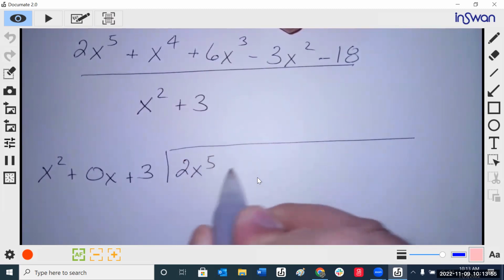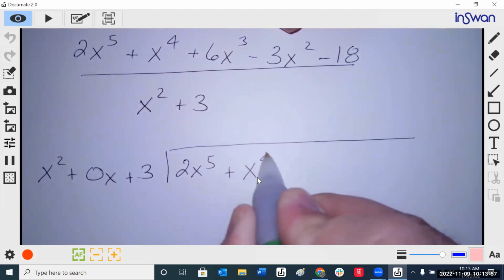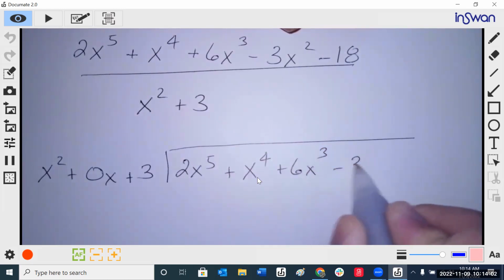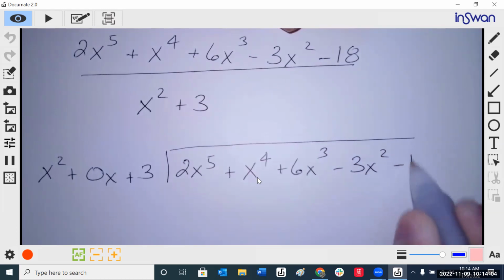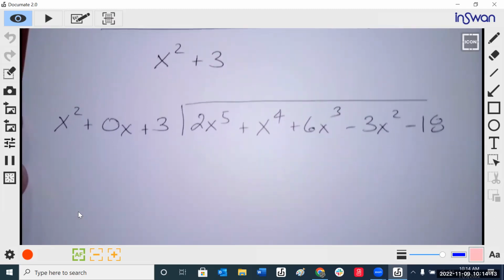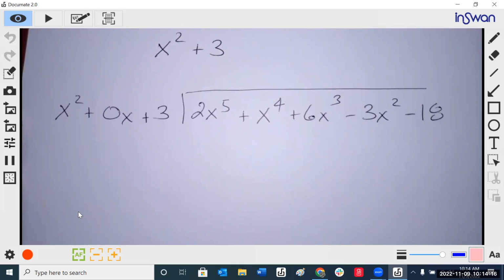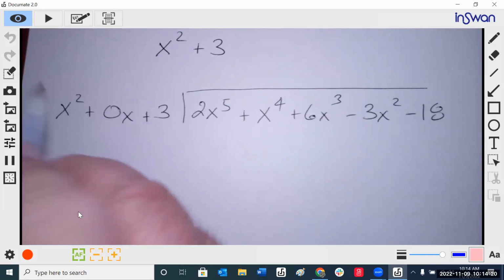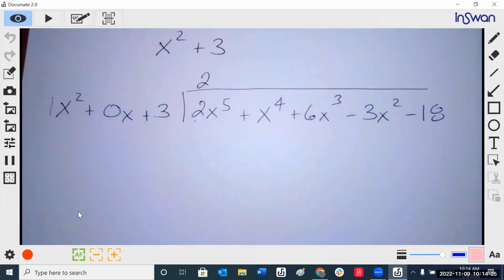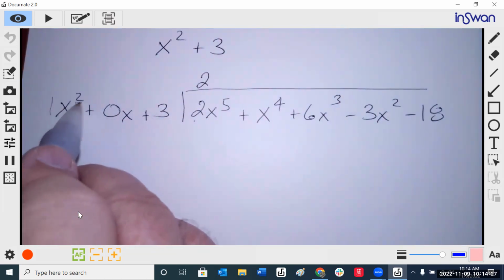Two x to the 5th plus x to the 4th plus 6x cubed minus 3x squared minus 18. Start at the beginning. What times 1 gives me 2? 2. How many x's am I missing? 3.